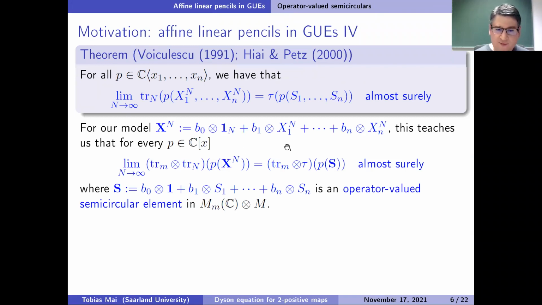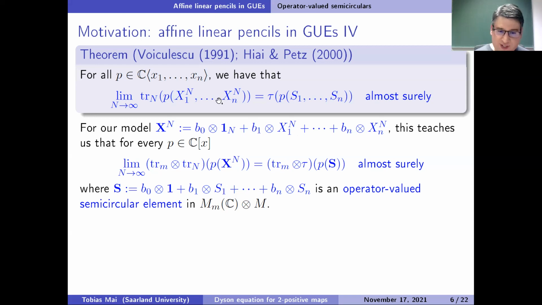Remember that the model we were interested in looks like this. We have a random matrix Xn built out of the standard self-adjoint Gaussian random matrices. We consider the independent ones, built out of them like this. So we decorated them, basically by the Kronecker tensor product with self-adjoint deterministic matrices as coefficients.